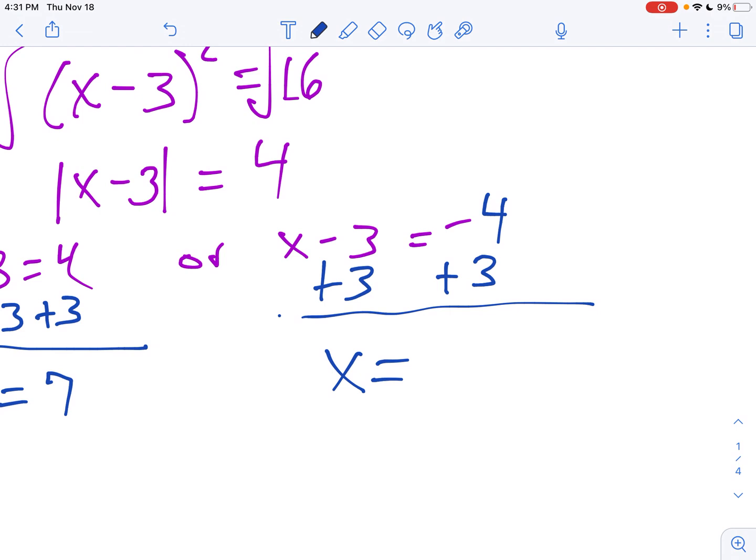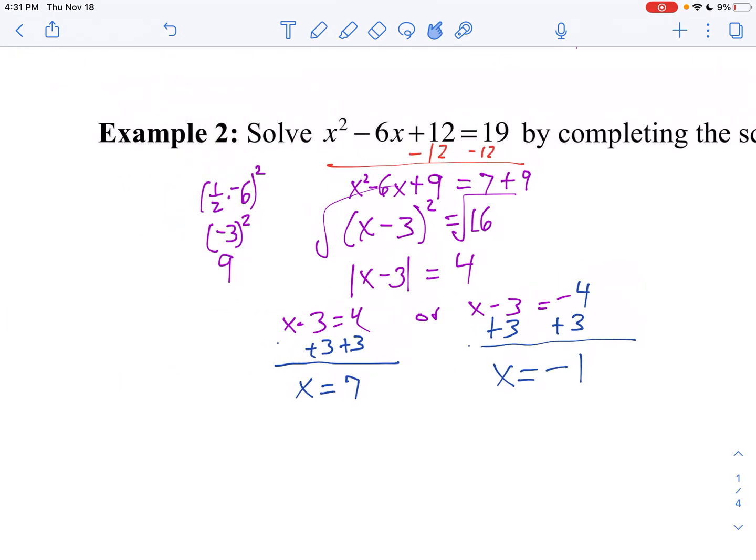Now, I can check my work because I know in my beginning, x squared minus 6x plus 12, I'm supposed to get 19. Well, let's replace x with 7.